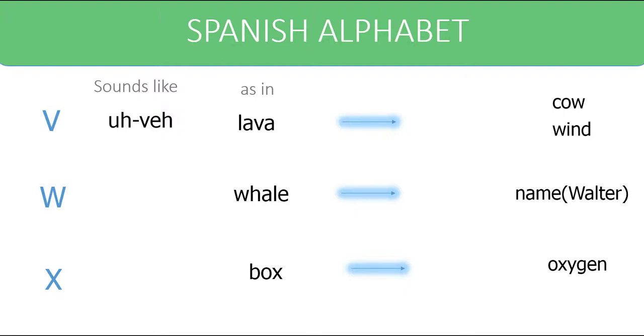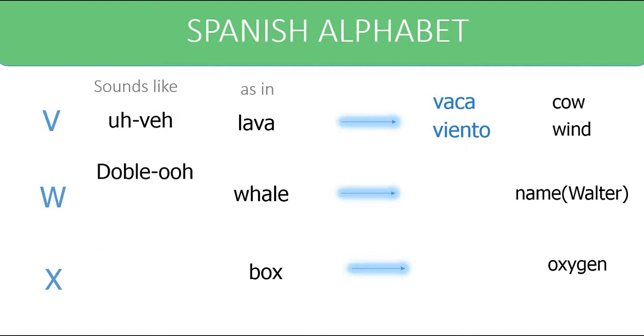So both are correct. And it sounds similar to the one in "lava." An example would be the word "vaca," that means cow, and "viento," that means wind.